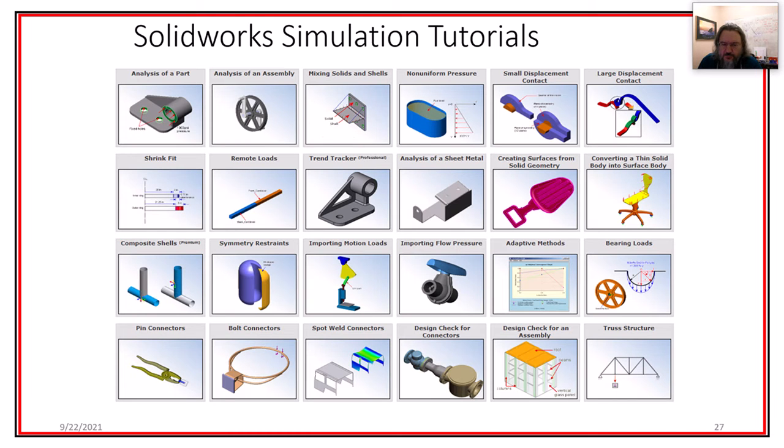And there are a lot of different types of capabilities within SolidWorks Simulation. I'm really just going to describe doing simple static problems, but there are tutorials built into SolidWorks Simulation, so you're welcome to go look at them. You can do all kinds of different things.